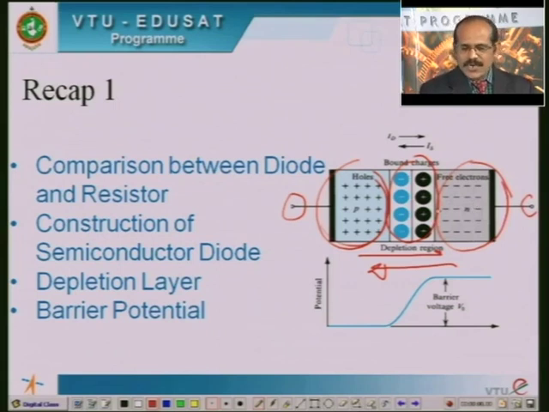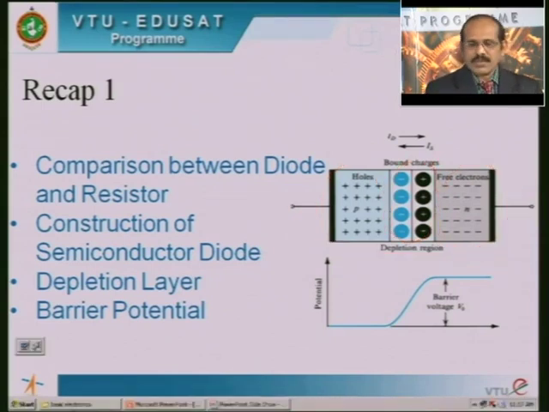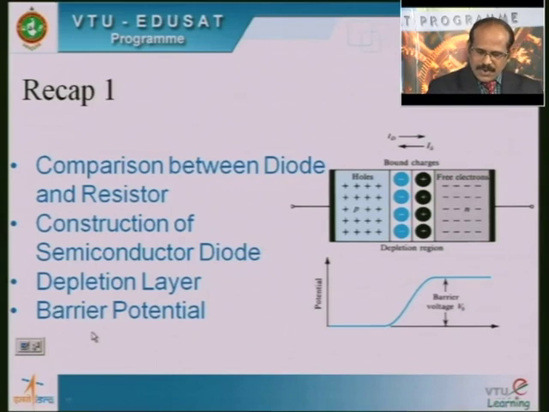That creates a region consisting only of the fixed immovable ions, and therefore a depletion region is formed. It is also called the emptied or depleted region, because it is depleted of the mobile charge carriers. Here you can see the barrier voltage corresponding to this depletion region.